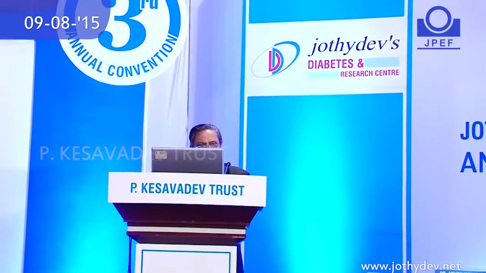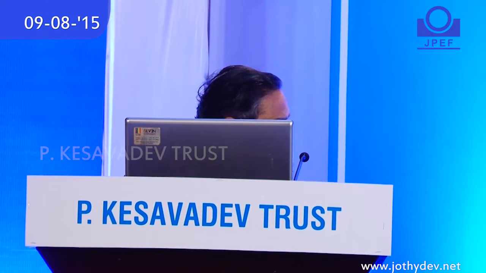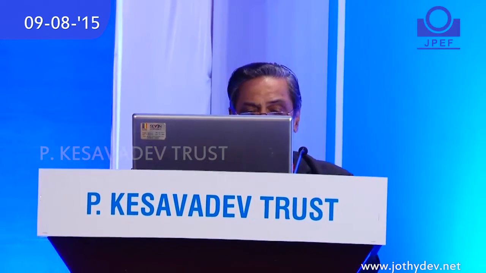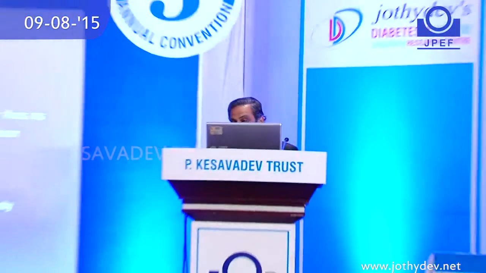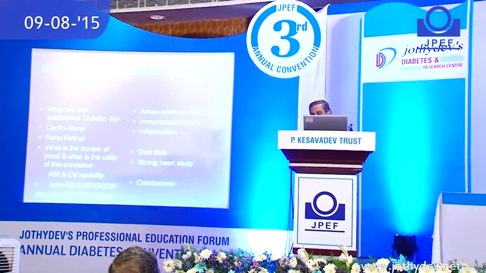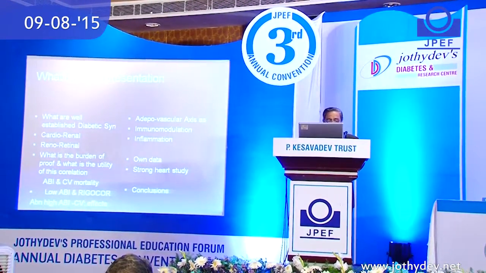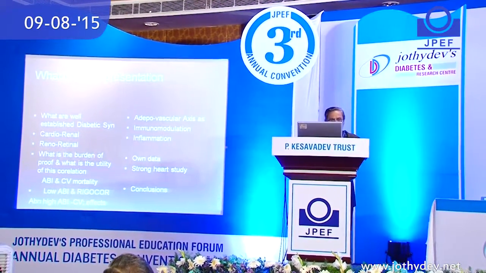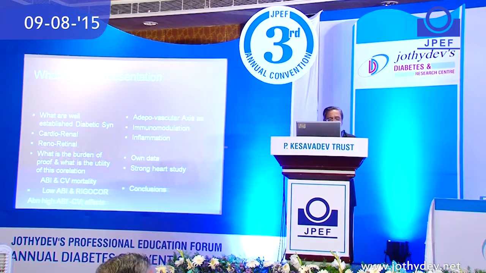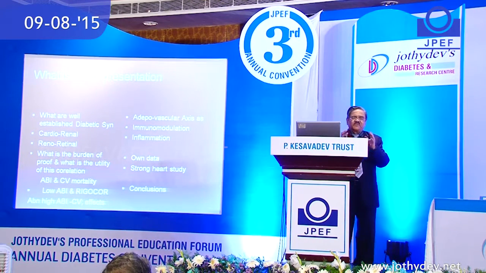Now, we have to think whether diabetic foot and heart syndrome merits being talked about so, what is the burden of proof, and what is the utility of this nomenclature, calling it, like cardiorenal syndrome, a foot-heart syndrome. And we'll discuss the most important, the ankle brachial index and cardiovascular mortality.